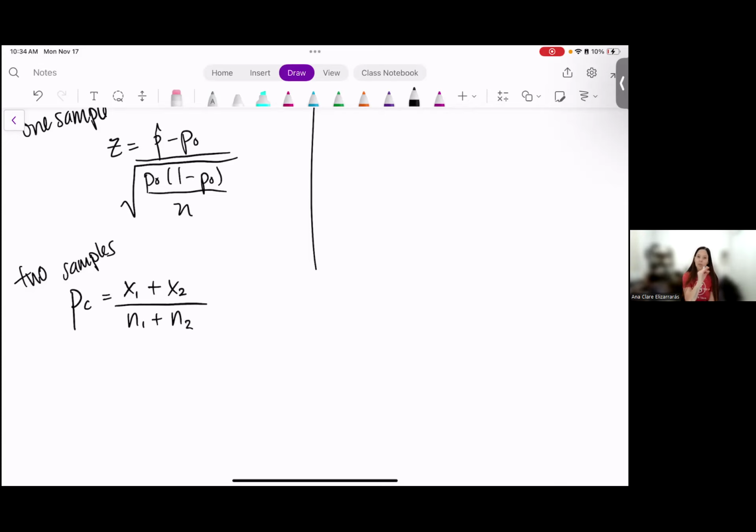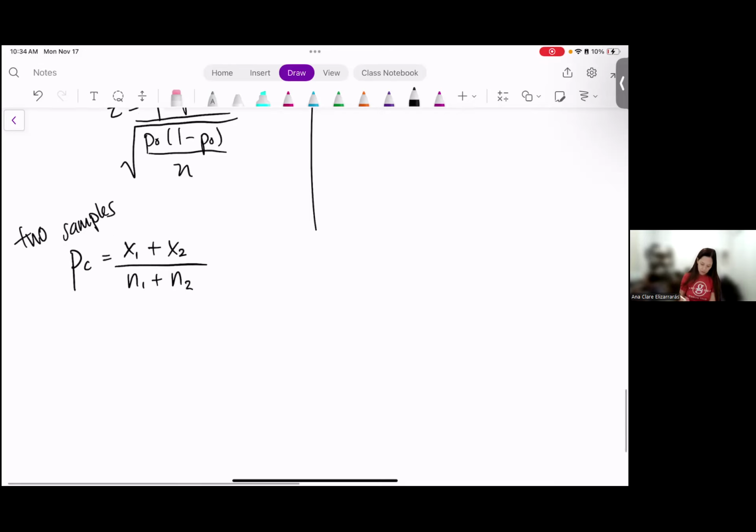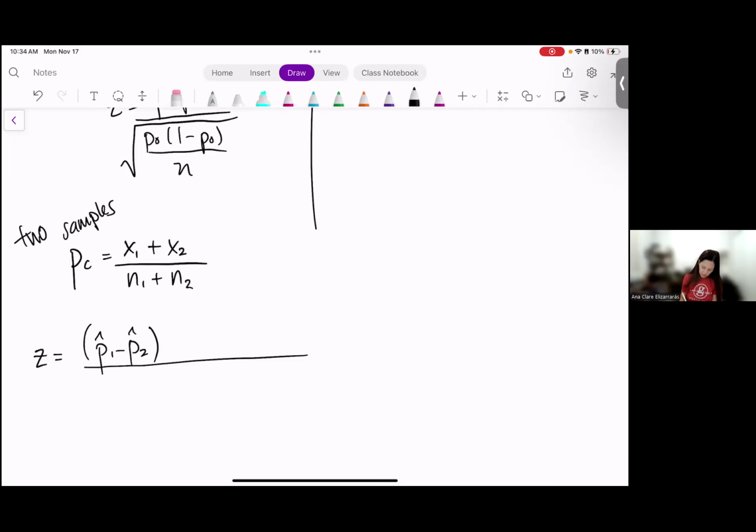So instead of using P sub 0, we're going to be using P sub C, but we have two sample sizes. So our z-test statistic is found by looking at the difference of sample 1 minus sample 2's proportions minus the hypothesized value, which again, this is most often 0.